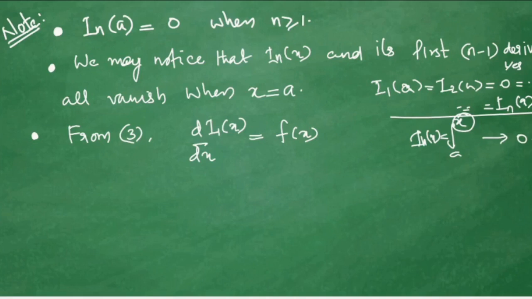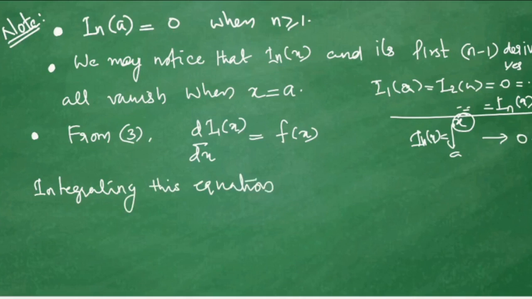Now the third note is, from equation number 3 we have dI1 by dx, or d by dx of I1 of x, is equal to f of x. Then integrating this equation from a to x, on the left side we have the derivative of I1 of x integrated from a to x.